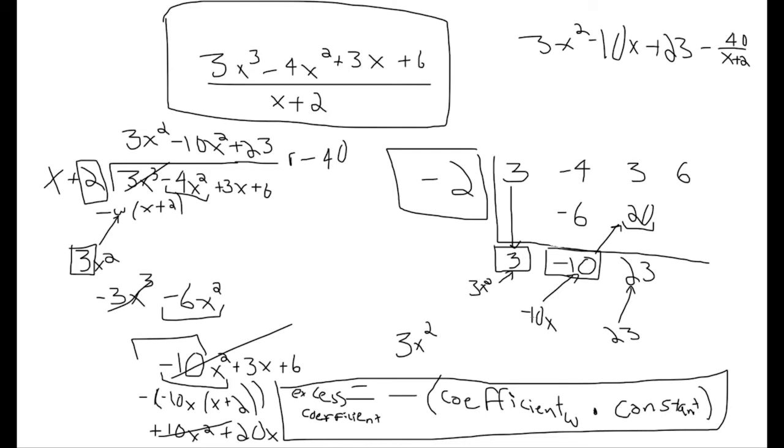Okay, so it's the same thing that we did before, except we're just repeating it. And then we would do 23 times negative 2, right, to get negative 46. And then we would get negative 40 over here, right? Wait a minute, we can't keep going, right? Well, this is actually just going to represent our remainder, okay?